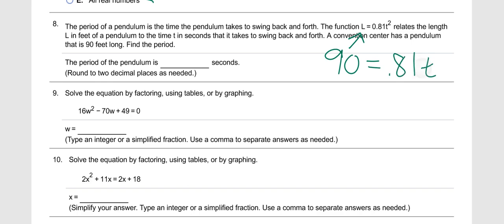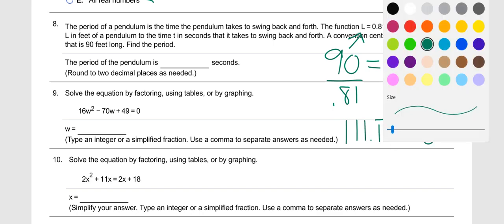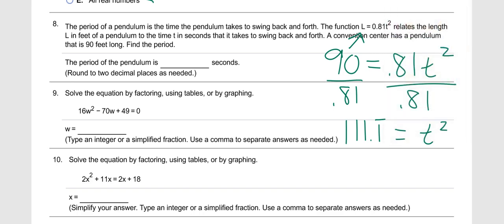And they're asking me to solve that to 2 decimal places. You know what, I'm not going to argue with you there. But we would need to divide by the 0.81. Okay, so 90 divided by 0.81 gives me 111.1 repeating equals t squared. And in order to get t by itself, we have to do the same thing we did before, and that is to take a square root.